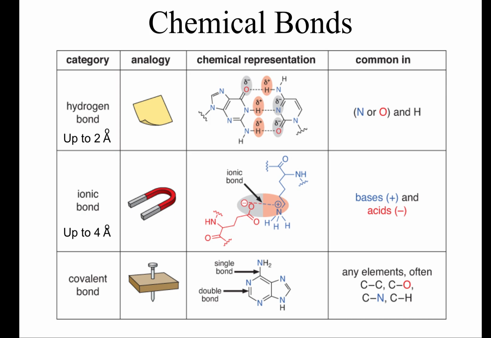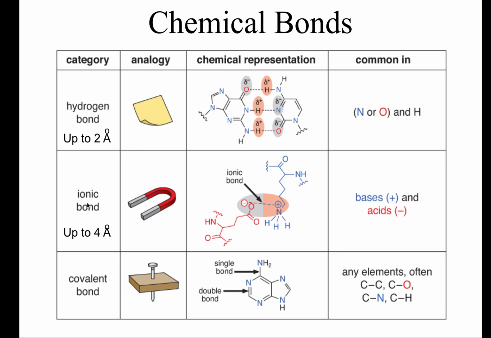Like a meter, you have some idea that that's about as big as a yardstick. An angstrom is much, much, much smaller than that. And it's just a unit of length. And if things are 2 angstroms apart, they can be held together by hydrogen bonds. But if they are more than 2 angstroms apart, that's too far for a hydrogen bond to hold them together.